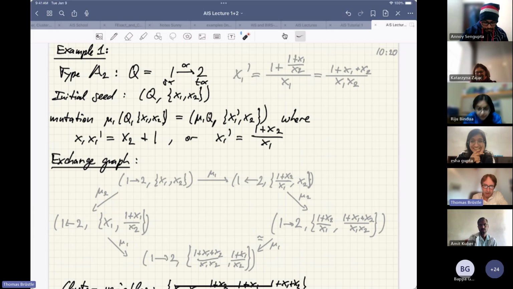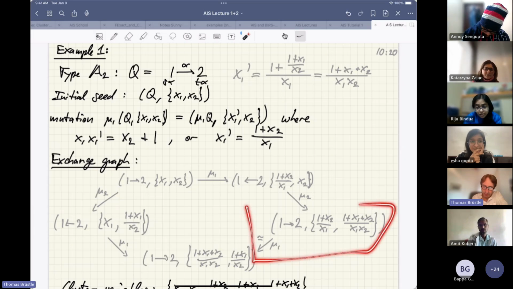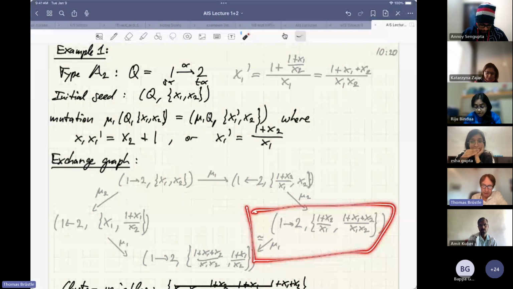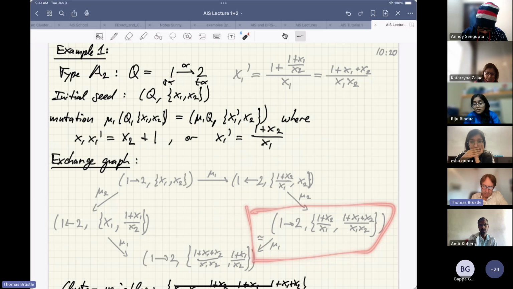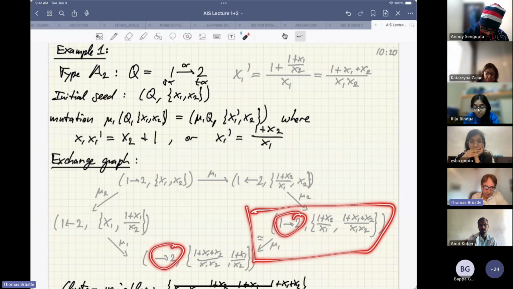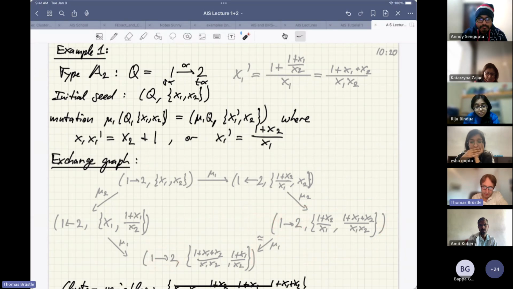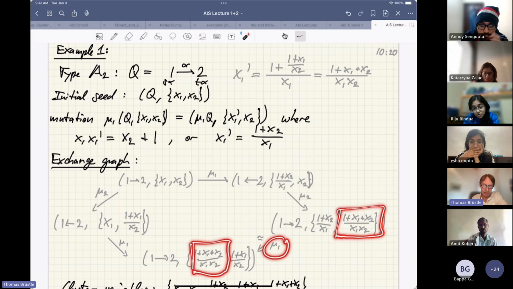Okay, so we are here. We want to mutate in the first variable. We flip the arrow. This is the easy part. Now, what are we going to do with the cluster variables? If we flip the first variable, then I keep the second one. The second one is already here. I keep it.